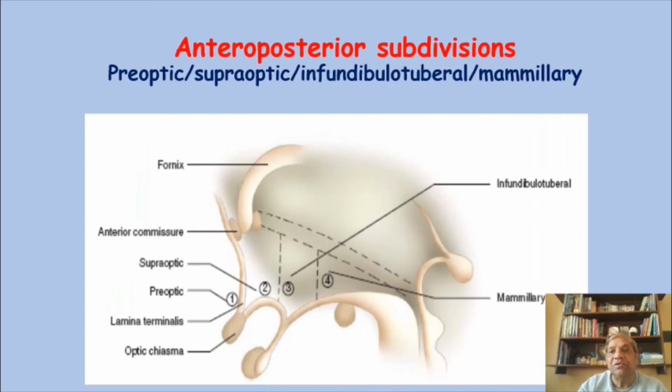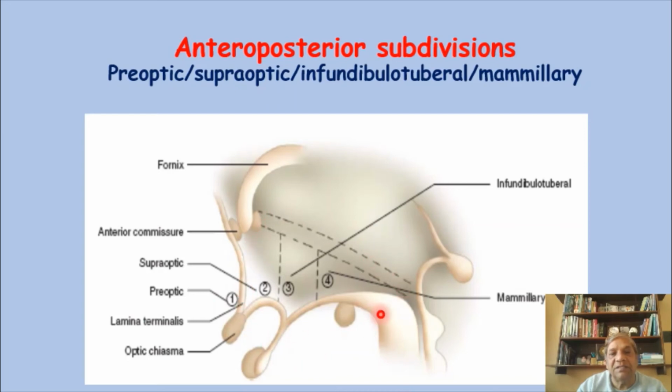Let us come to the second subdivision, called the anteroposterior subdivision, which I said is preoptic, then supraoptic, then infundibulotuberal and mammillary. So from anterior to posterior, we will see these nuclei just below the hypothalamic sulcus. This hypothalamic sulcus is there, and below that is the hypothalamus.